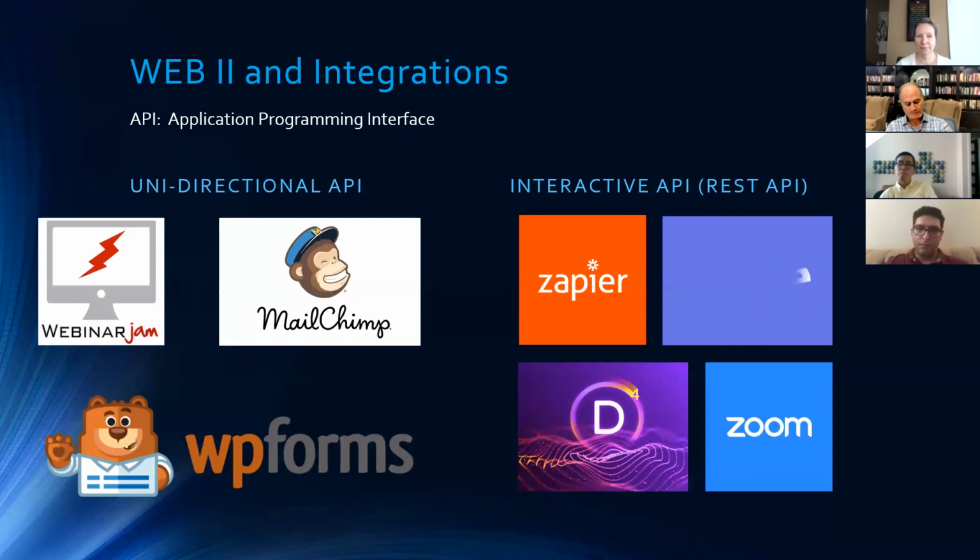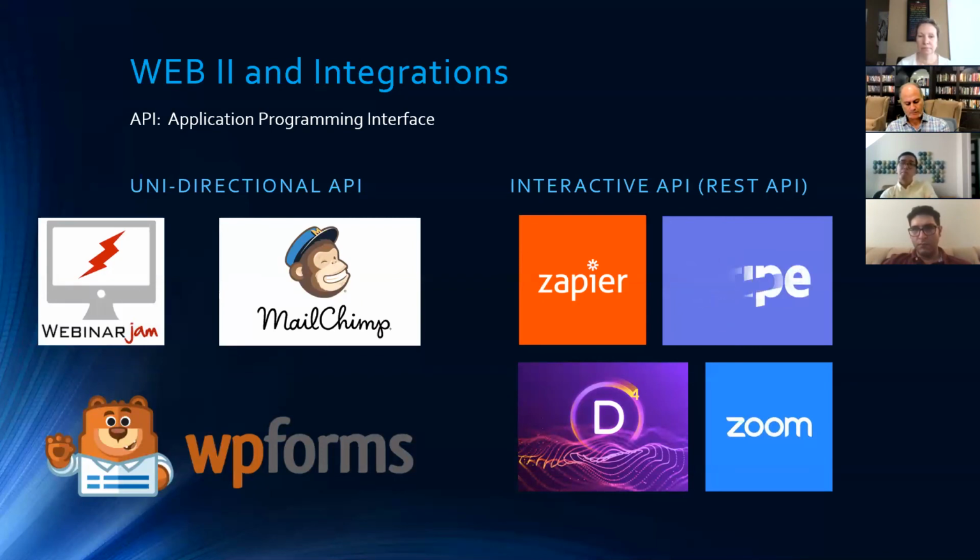Very good examples of that would be the services that you see on the screen. There are integrations that only require Web 1 functionality because they go in just one direction. Webinar Jam is a very good example. In Webinar Jam, users cannot, at least couldn't, now I'm not very sure, send any voices or talk.